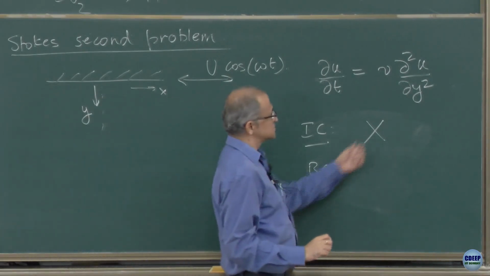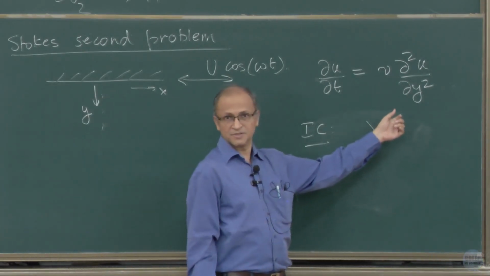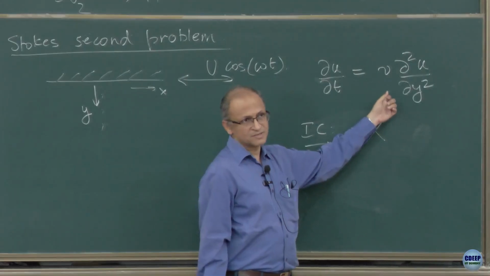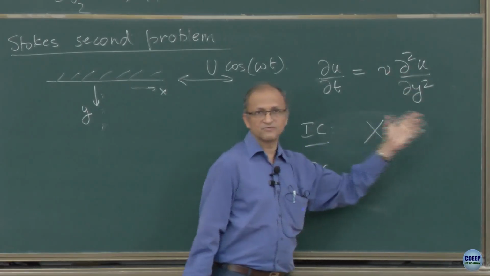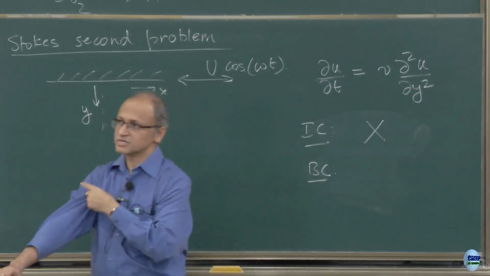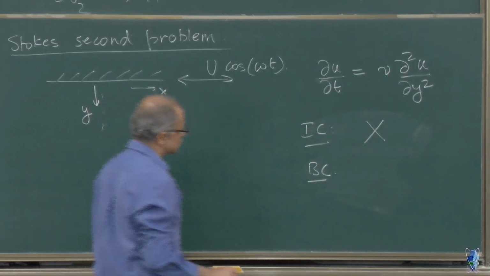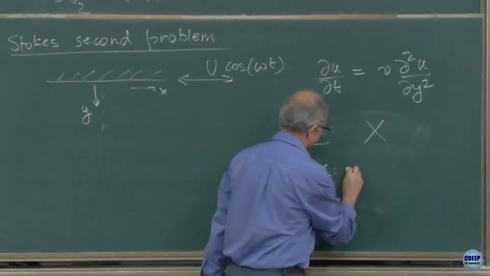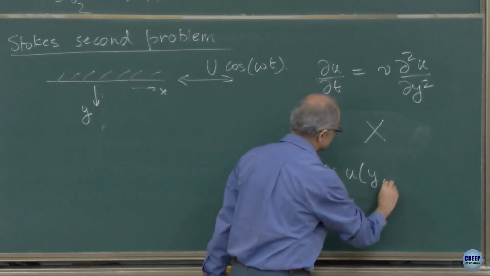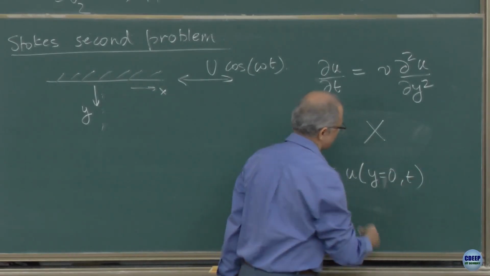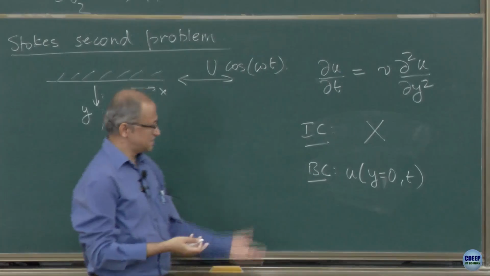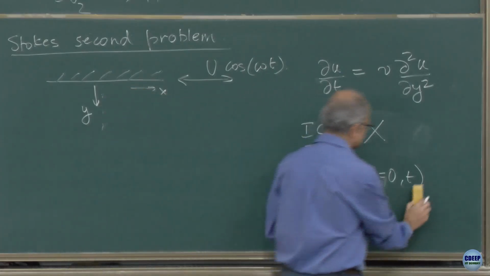Now boundary conditions. How many boundary conditions do I need? Two boundary conditions, because you can see the second derivative of u along the y direction. And what are those boundary conditions? u at y equal to 0 and all time t, here it is greater than 0 if you want, you can say it.